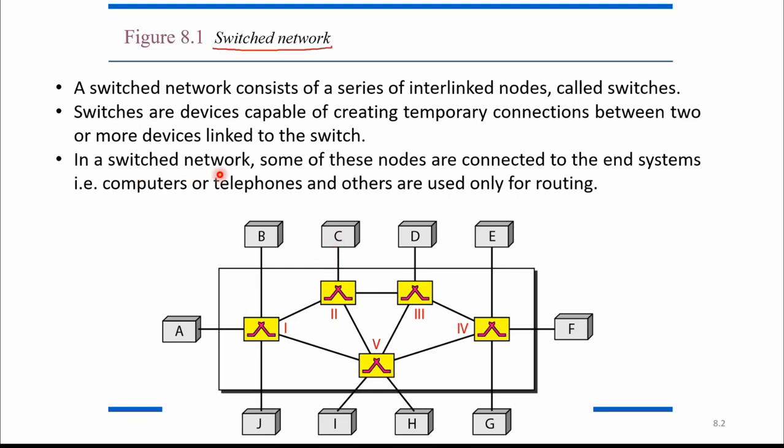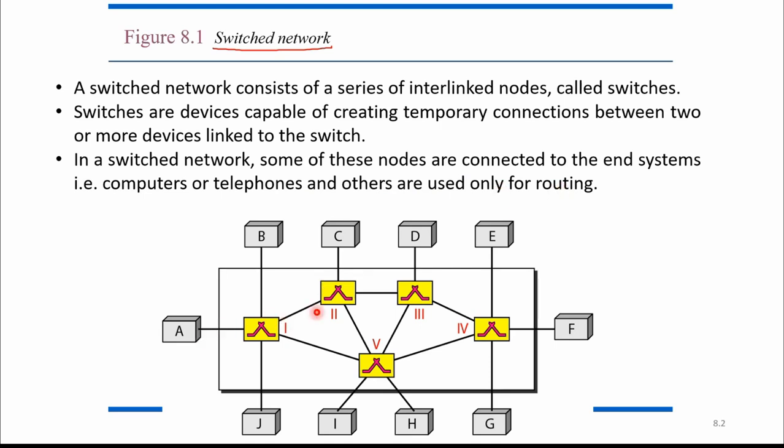So here in a switched network, some of these nodes are connected to the end systems. End systems like A, B, C, D, E, F are the end systems, and these are the nodes. These end systems can be a computer or a telephone, and others are used only for routing.